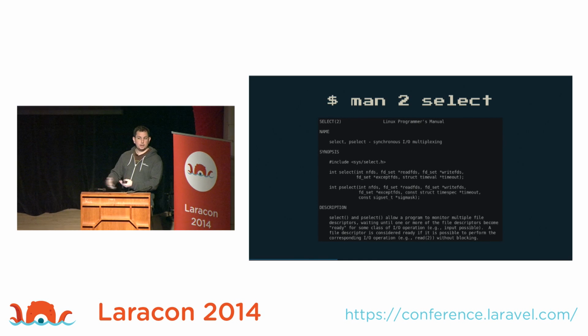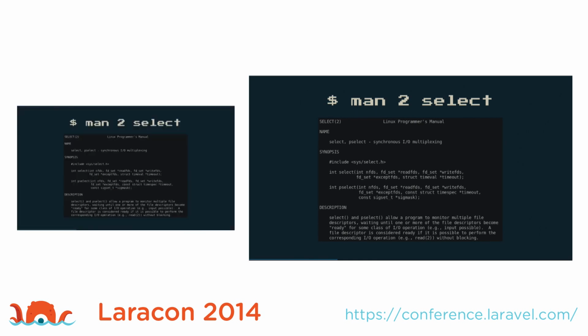Maybe I want to wait indefinitely, maybe just a second or half a second. And I'd like you to tell me which ones are ready to read from, ready to write to, and which ones may be closed, if there's some exception that happened on them. This is what is implemented in PHP. And notice that it's multiplexing. Essentially, that just means we're dealing with multiple I/O streams in one operation, so we can poll multiple streams at once.